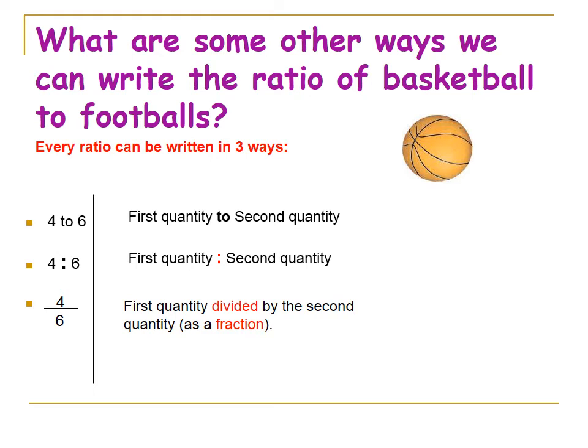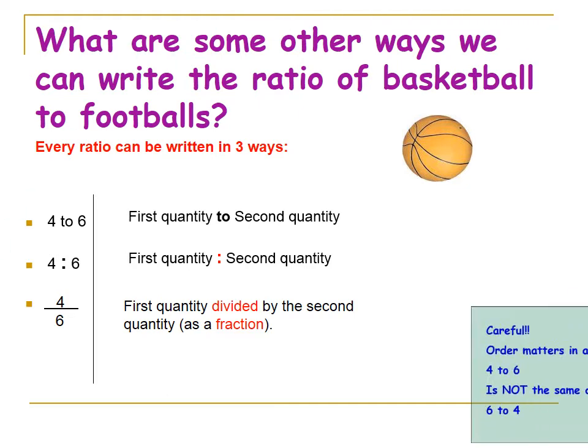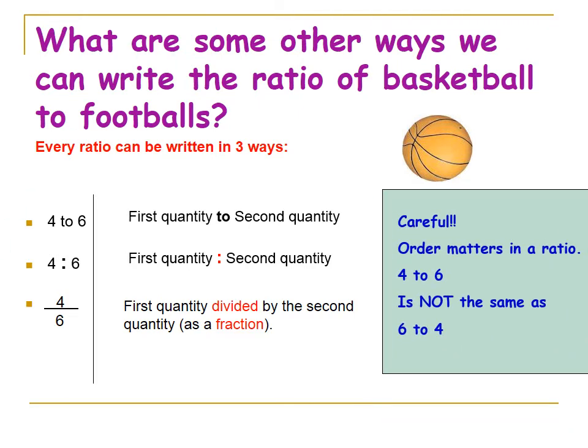The third way, we will write it as a fraction: first quantity divided by the second quantity. Be careful. Order matters in a ratio. So 4 to 6 is not the same as 6 to 4.